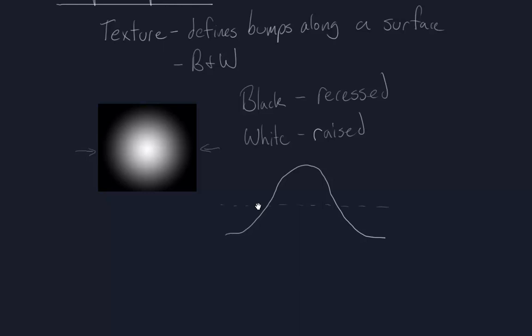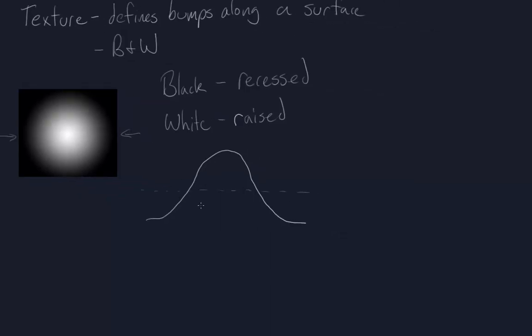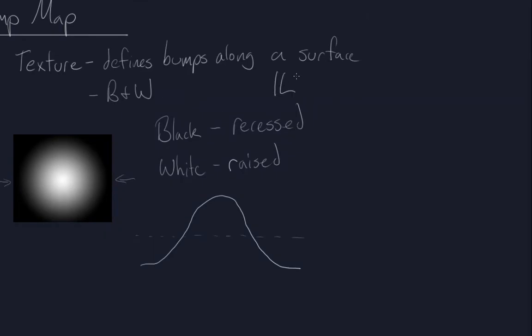The important thing to understand is that all of this, everything I'm talking about with these raised and lowered areas, is just an illusion. It is all a trick. It doesn't really exist.